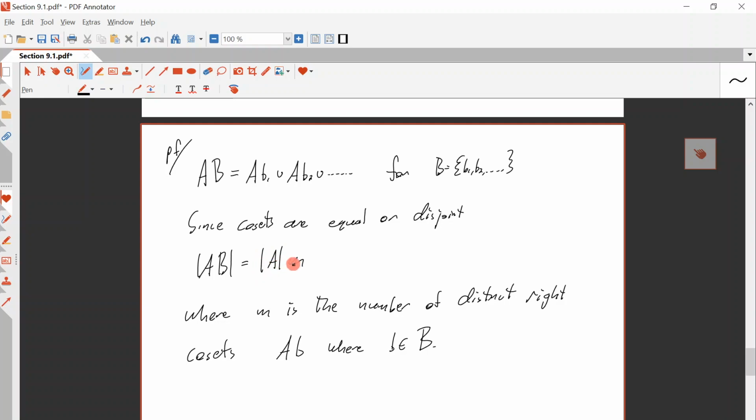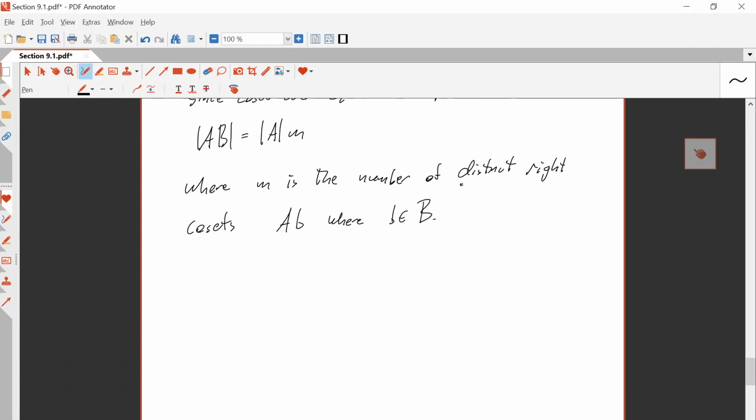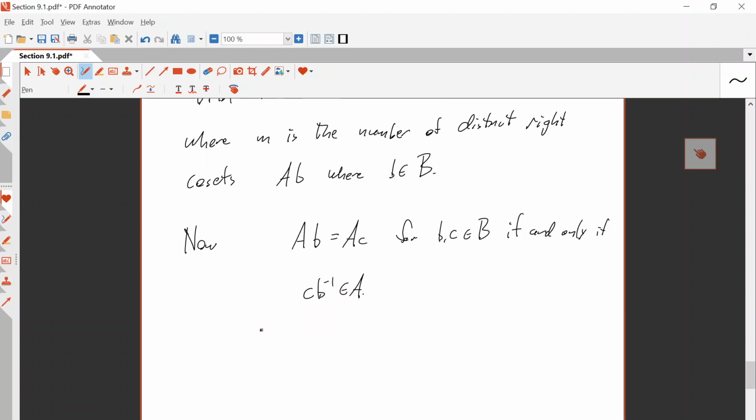So it's the size of A times M, where M is the number of distinct right cosets Ab, where b is in B. Well, two cosets are the same, Ab equals Ac for b and c in B, if and only if, what's the condition, cb inverse is an element of A.